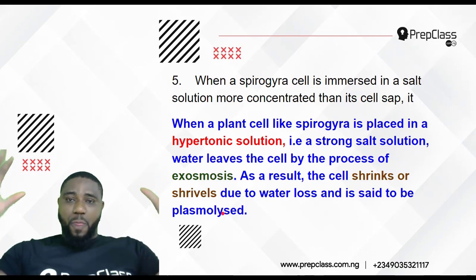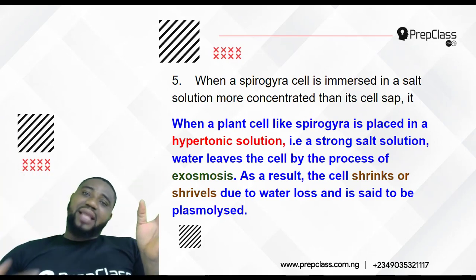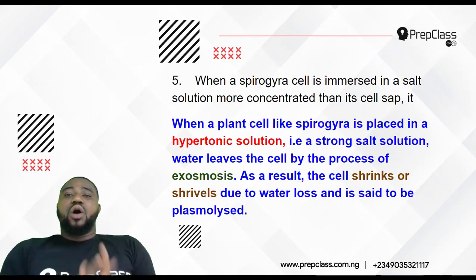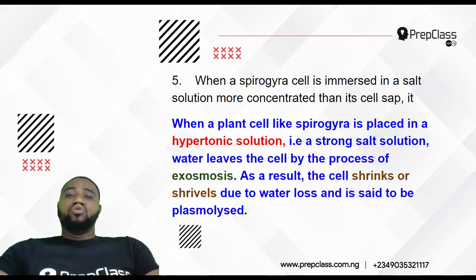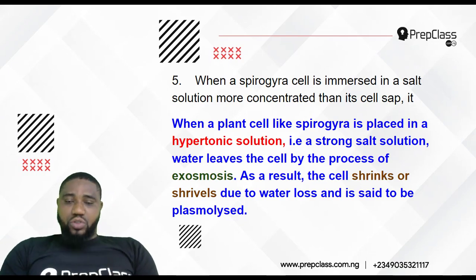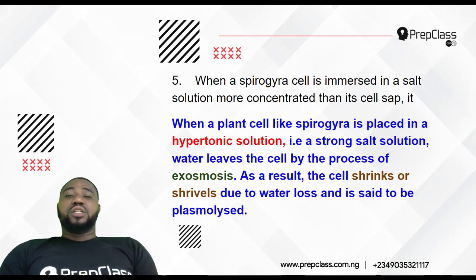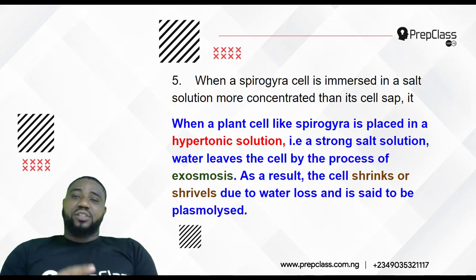A plant has a large central vacuole. Water enters and stays in that vacuole. The vacuole expands and pushes the cell content towards the cell wall. So as water leaves the plant as a result of exosmosis, the vacuole will collapse and pull the cell content closer. If water continues to leave, the cell will continue to shrink and shrivel.